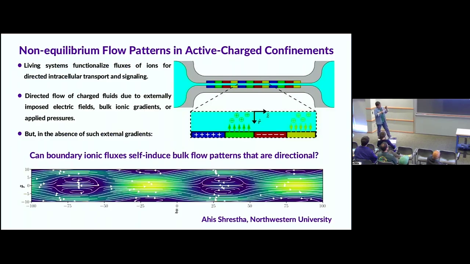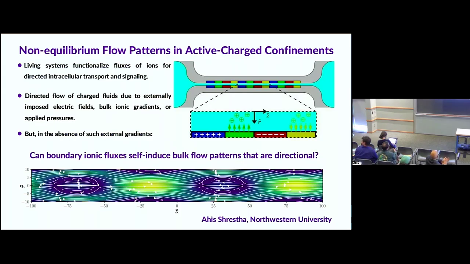But we ask here, in the absence of these external fields, can we induce bulk flows through purely ionic fluxes at the boundary? So we will explore the physical basis of these active and charged confinement, where you can induce directional bulk flows. Thank you.